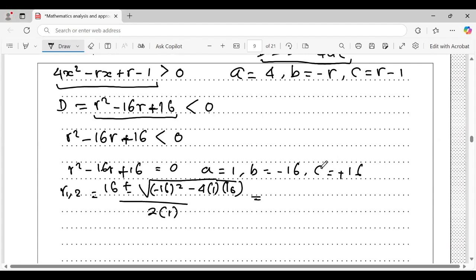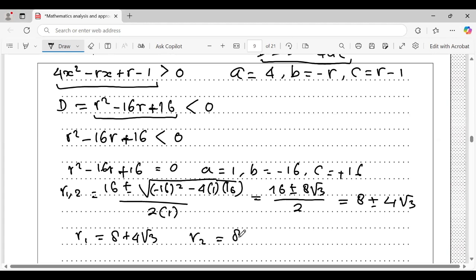And if you calculate, the result is 16 plus minus 8 square root 3 over 2. If you divide by 2, it is 8 plus minus 4 square root 3. So r1 equals 8 plus 4 square root 3, and r2 equals 8 minus 4 square root 3.